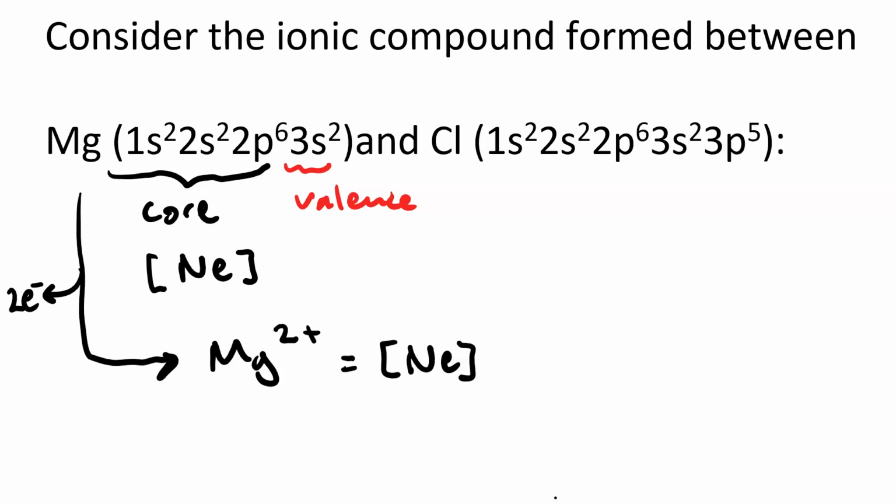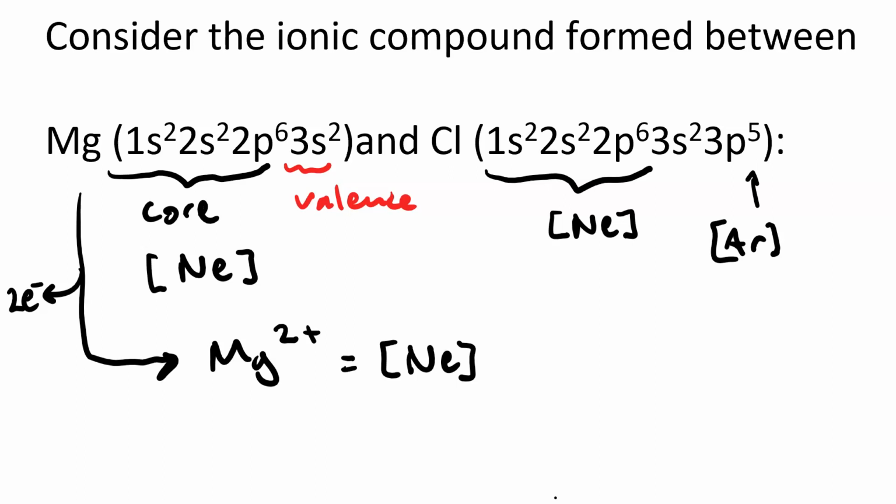Chlorine, on the other hand, does contain the neon core, but it's very close. It's 1 electron away from getting to argon. Right? Argon ends in 3p6.